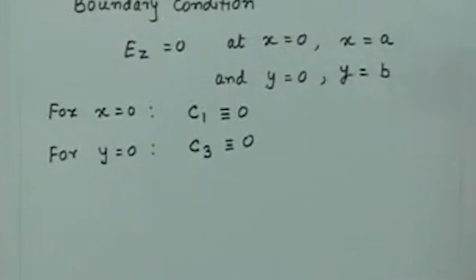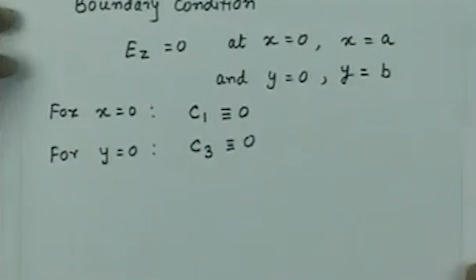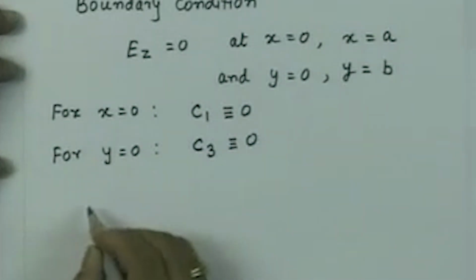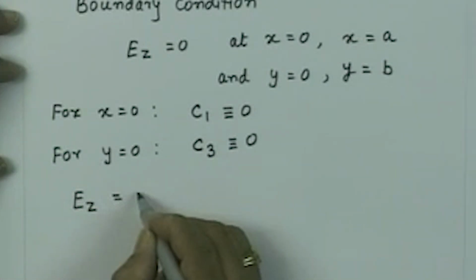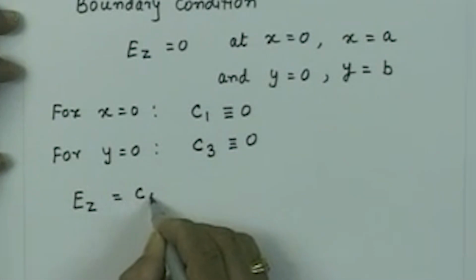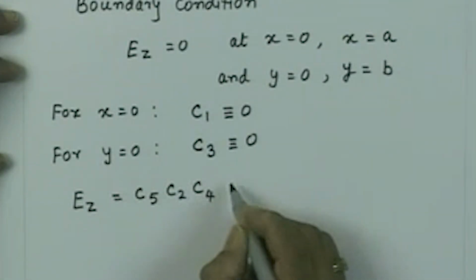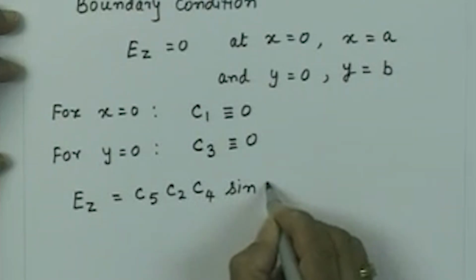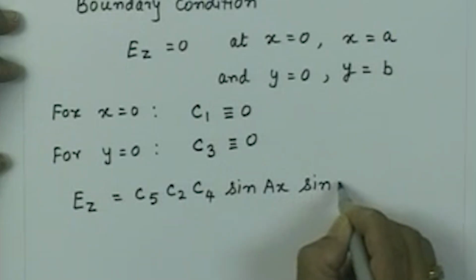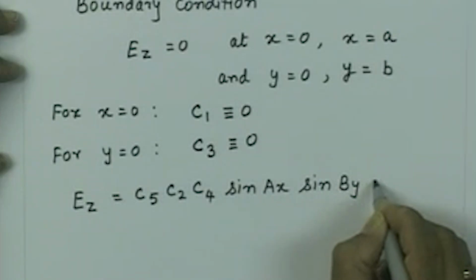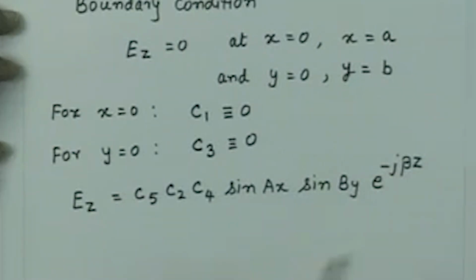So, the general solution which can satisfy the boundary conditions x equal to 0, y equal to 0 will now be Ez equal to C5, C2, C4 sin of Ax, sin of By e to the power minus j beta z.